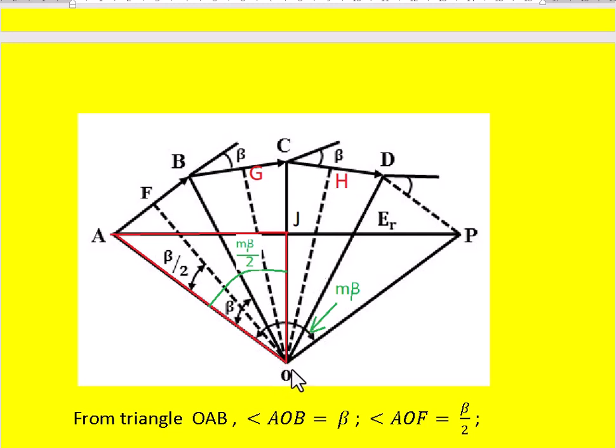Then all these bisectors will meet at a point called O. Then join the ends of these coil voltages also to the point O. A is connected to O, B to O, C to O, D to O, and the end point of the last coil is also connected to O.